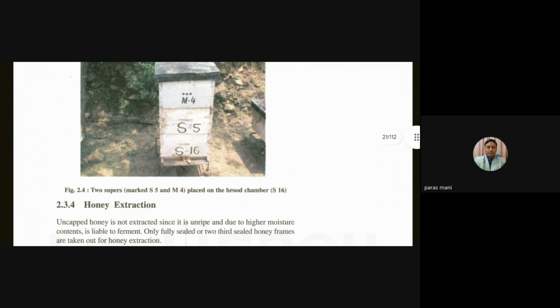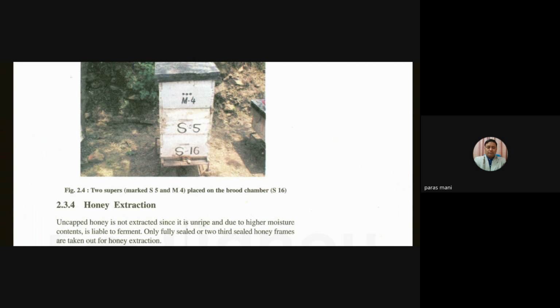Uncapped honey is not extracted since it is unripe, and due to higher moisture content it is liable to ferment. What honeybees do is, after collection of nectar, they collect it in the crop and bring it to the colony. Through a process called trophallaxis, I told you they exchange the food through the mouth, one to one.